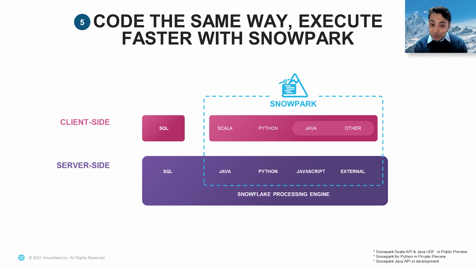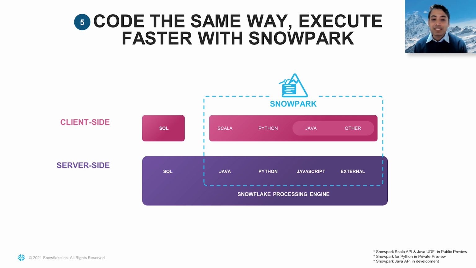For those of us who are new to Snowpark, Snowpark is a new developer framework for Snowflake. It allows data engineers, data scientists, and developers in general to code in their familiar language of choice and execute pipelines, ML workflows, and build apps faster, more securely in one single platform in Snowflake.